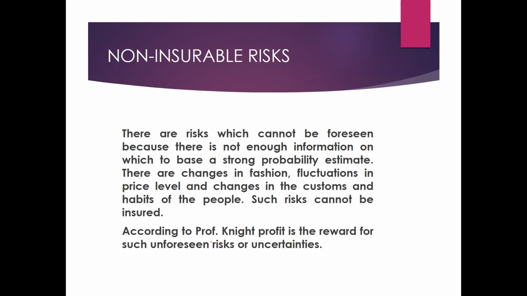According to Professor Knight, profit is the reward for such unforeseen risks or uncertainties. I mean, there is one profit theory I had discussed earlier also: high risk, high gain, no risk, no gain. If you are ready to bear unforeseen risk or uncertainties, that means you are earning profit. If you are going into loss also, and you can remove these and fight them, after that you can earn profit.